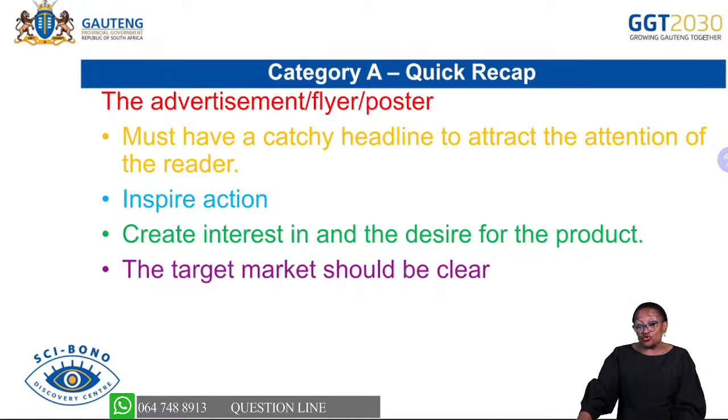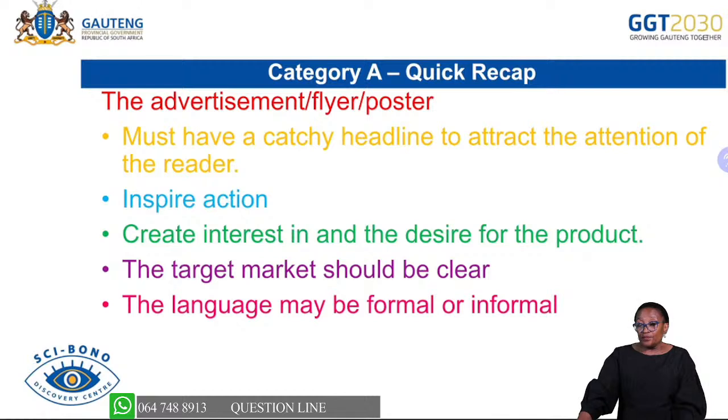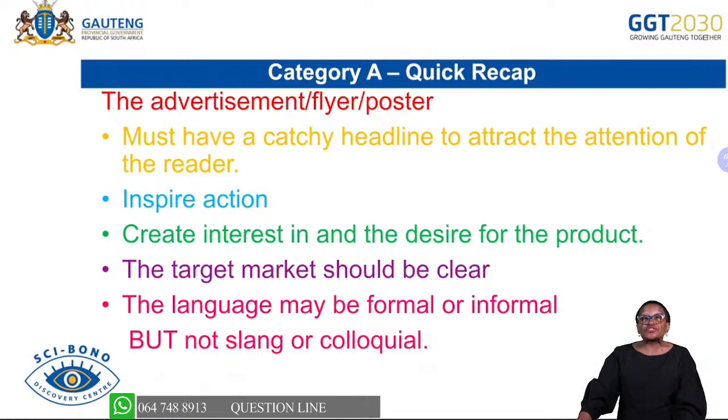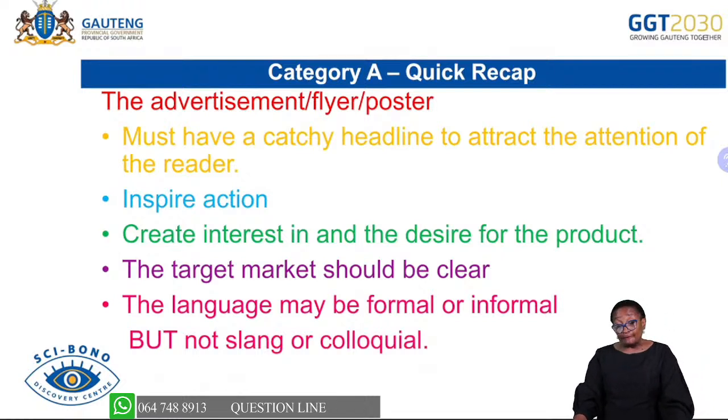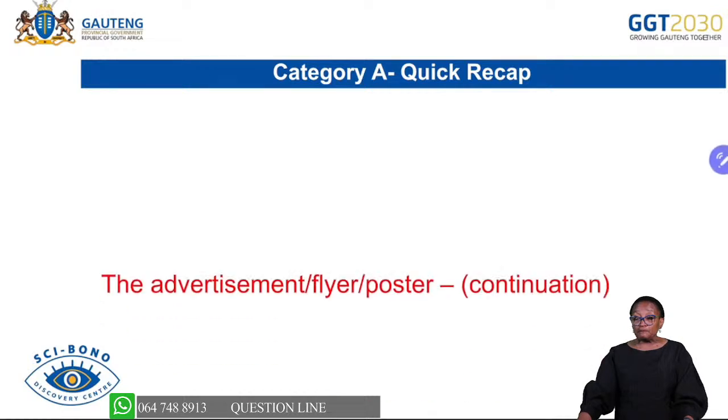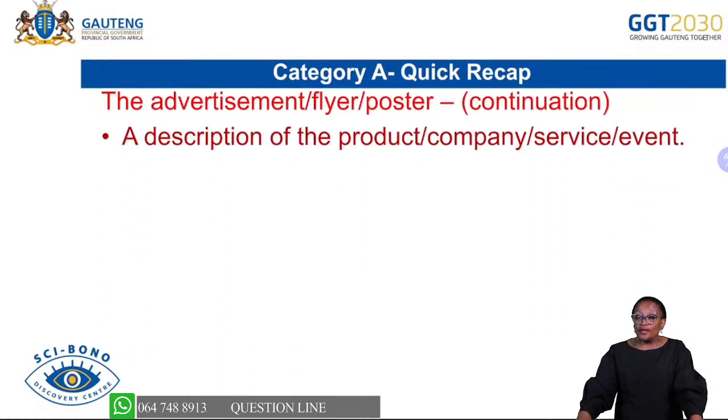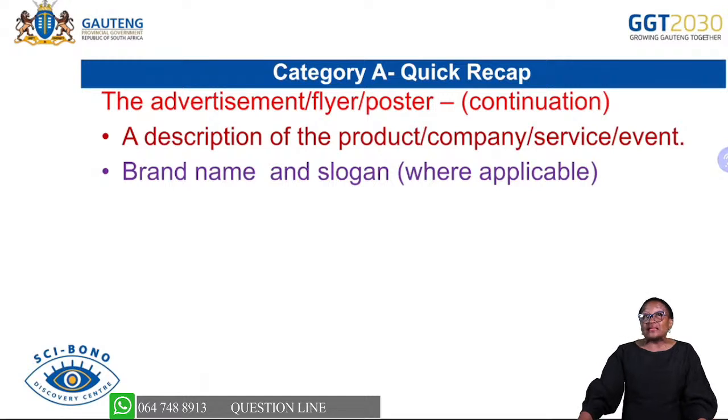The target market should be very clear. The language may be formal or informal, but not slang or colloquial. A description of the product or the company or the service or even the event should be clearly highlighted there.